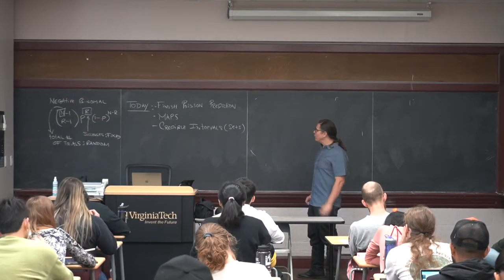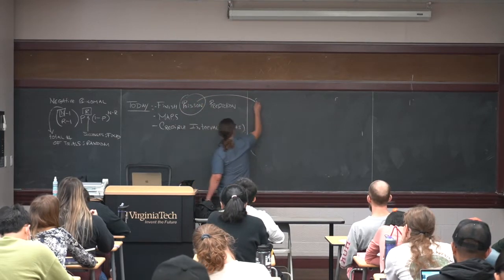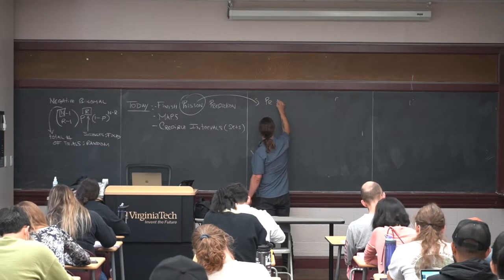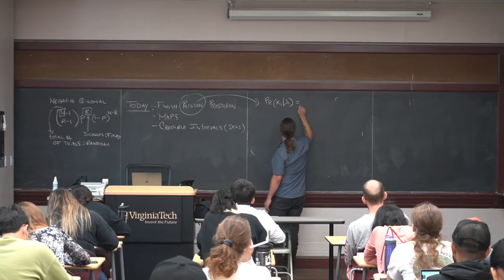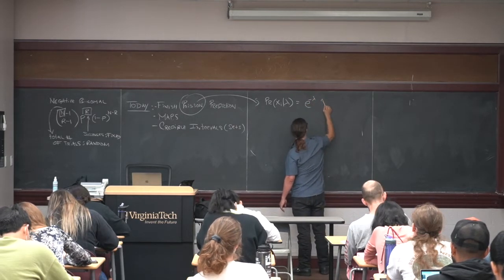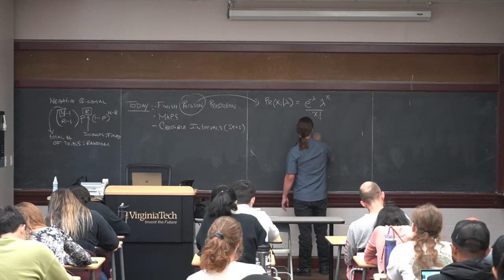Okay, so that's a negative binomial distribution, and a Poisson distribution looks like this. The probability of xi given lambda is equal to e to the minus lambda, lambda to the xi over xi factorial.